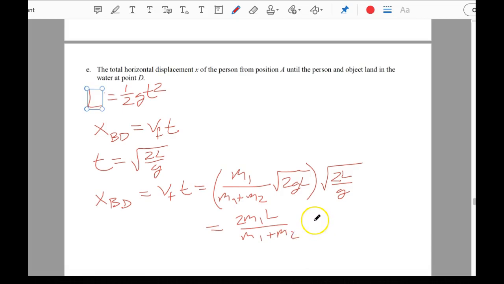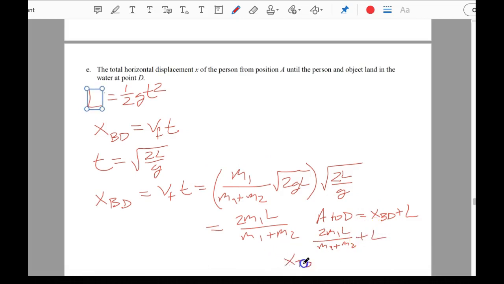We know that the total displacement from A to D, so if I want to go from A to D, is equal to the distance that we just did, XBD, plus L. So if we're going to do that, let's go ahead and plug everything in. So we've got XBD is this, so that is 2 m1 L over m1 plus m2. And then we need to add to that another L.